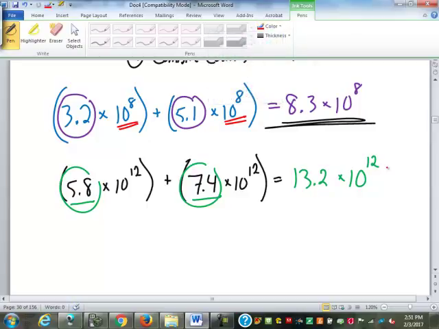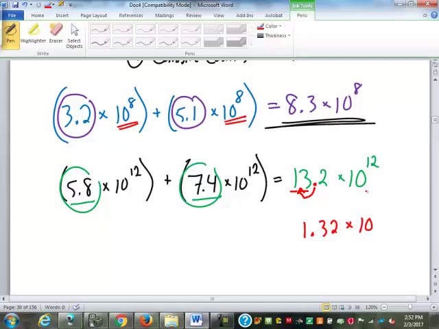Now, we're dealing with just scientific notation here right now. So what's the problem with this number at this point? Right now, there are 2 digits in front of my decimal point. I can't have that. I have to move the decimal point over to make that 1.32. Now, if I move my decimal point, I have to adjust my power of 10.